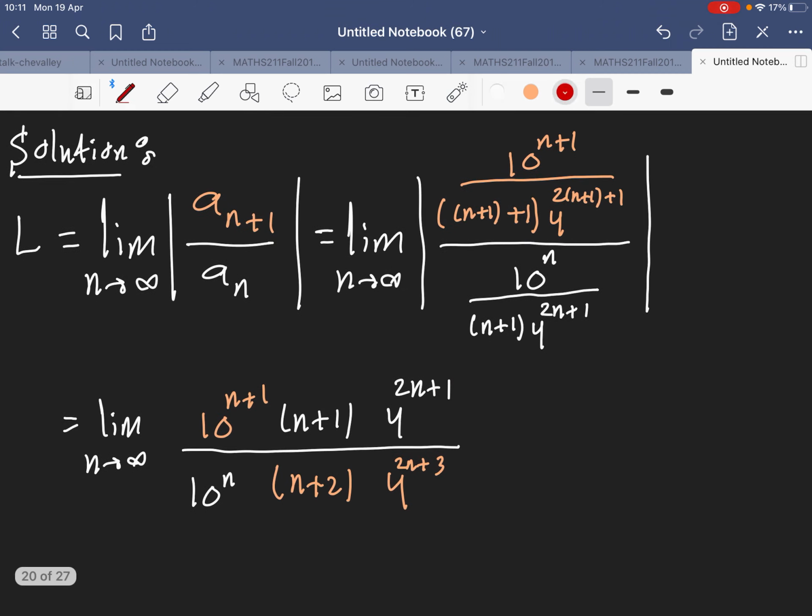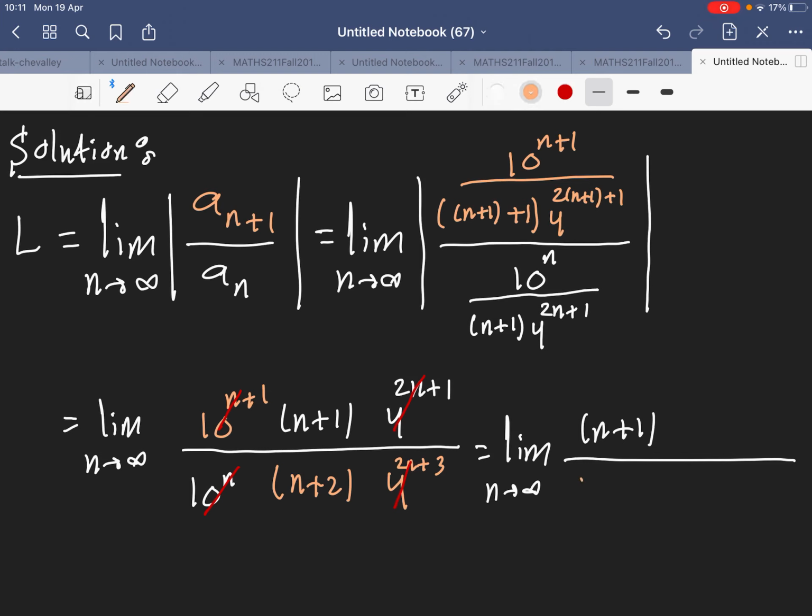And now this is very easy cancellation. 10n, 10n. 4n plus 1 with 4n plus 3. So I will cancel the 2n, 2n, and then have 3 and 1. So it will be just simply as this one here. n plus 1.